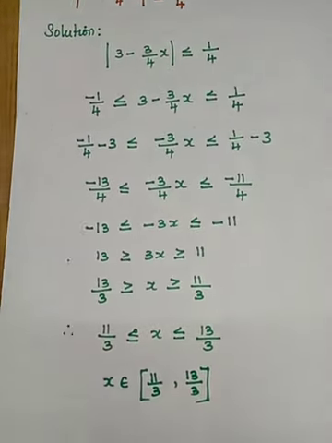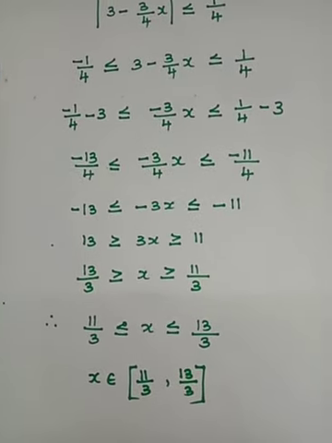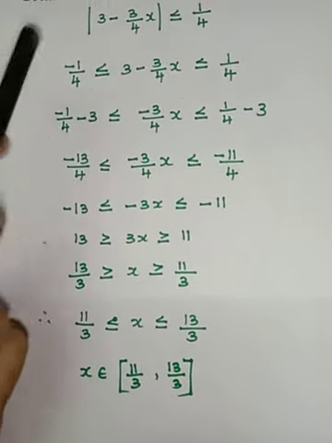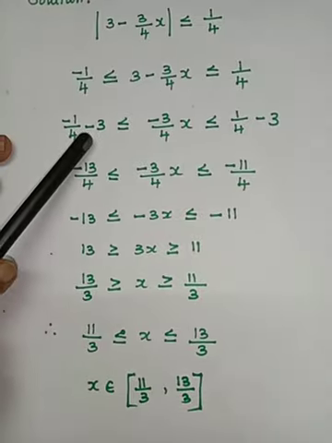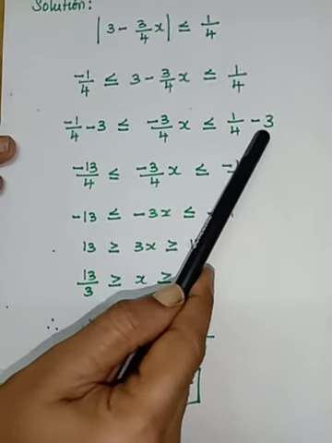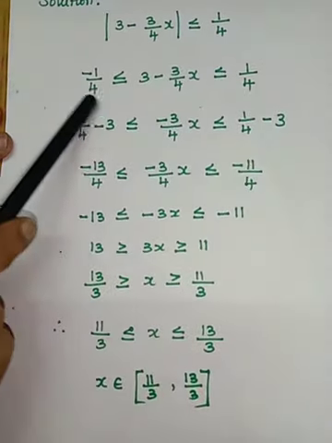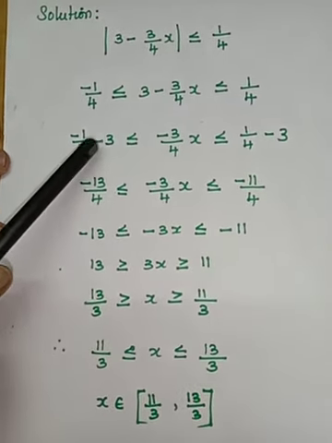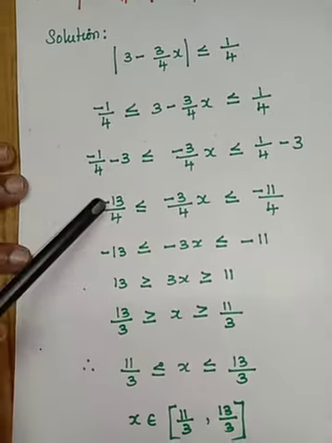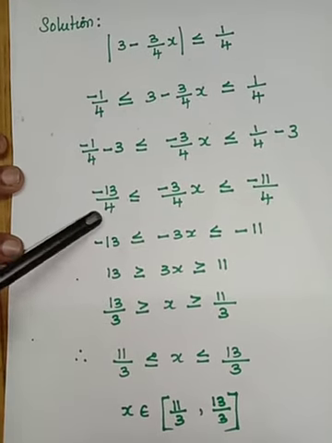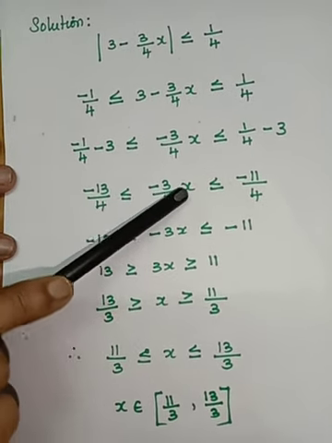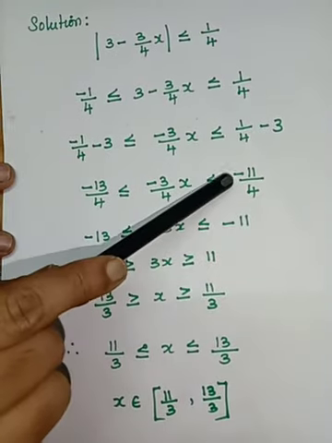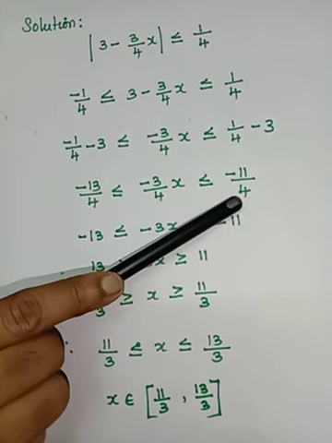So now you have to find x. First you take this number to the other side. It will become minus 3. This side also it will become minus 3. You have to take LCM. The LCM is 4. So when you multiply these two, it is minus 12 minus 1, that is minus 13 by 4. Here minus 3 by 4x. Here, if you take LCM, it is minus 11 by 4.